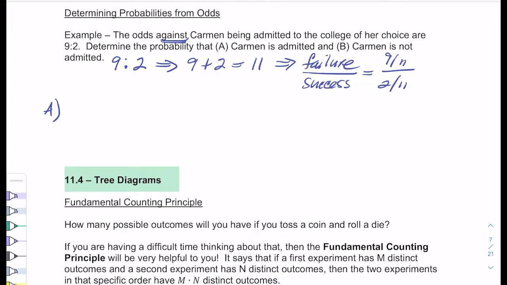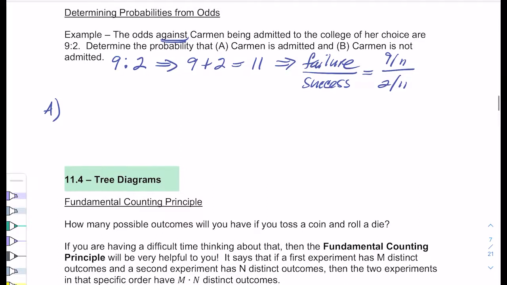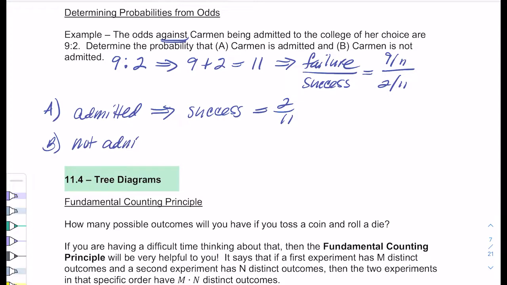That means I am looking at success, which is 2/11. Admitted is another way of saying success, and that's 2/11. So that's the probability that she's admitted. And not admitted would refer to failure here, and that would be my 9/11.